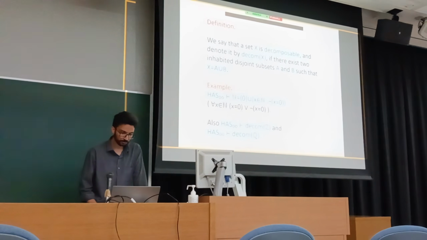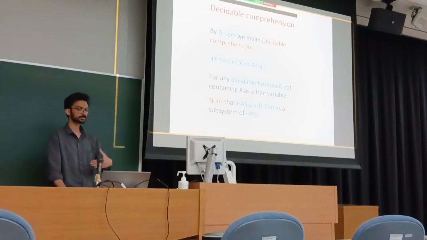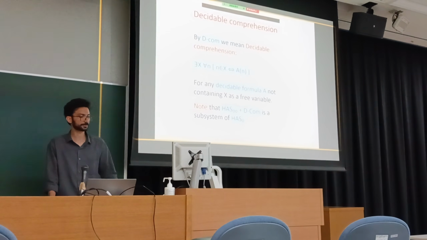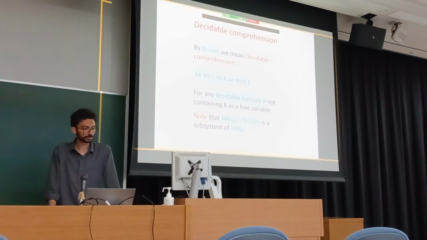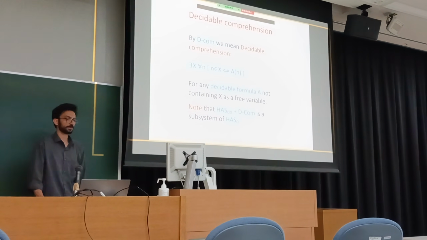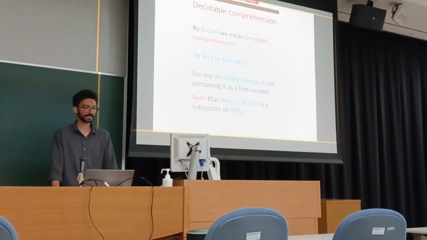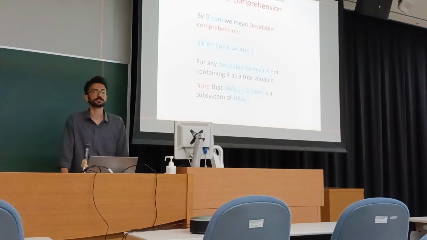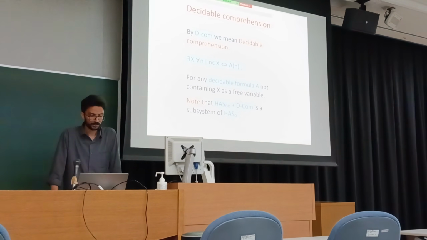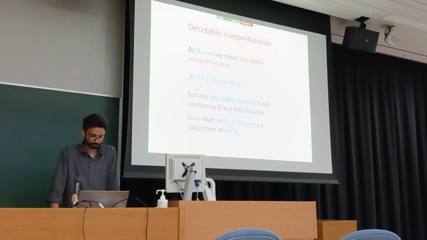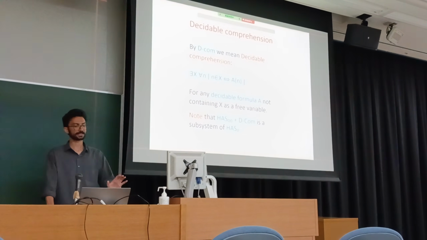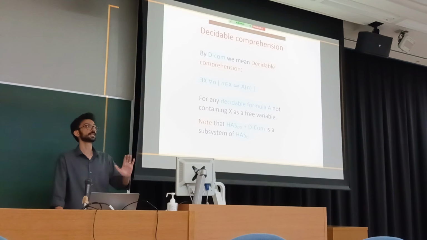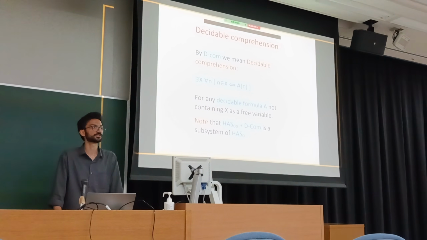To solve this problem, we introduce another sort of comprehension axiom schema, which we call decidable comprehension. By decidable comprehension, we mean that every arithmetical decidable formula A defines a set. And please note that HAS00 plus decidable comprehension is still a subsystem of HAS0.